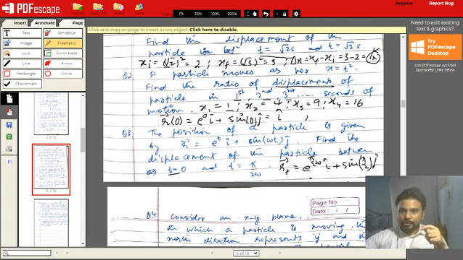So the final position would be e to the power pi by 2 omega i, plus sin pi by 2, which is 1, j cap. So the displacement of the particle would be final position minus initial position, which is simply i cap.